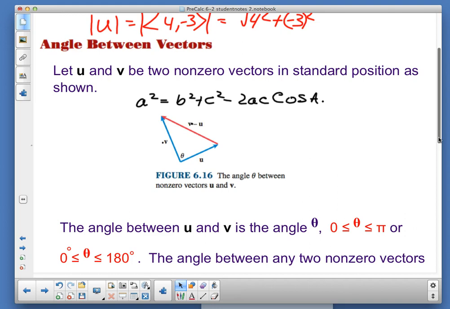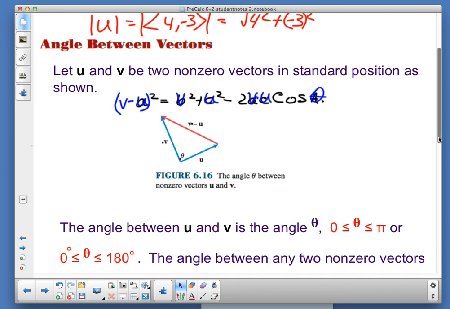Well, if I look at this next problem, this being theta, this red being v minus u, this being v, this being u, so I've got dot product going on there. If I consider that, because really I'm talking about the length of v minus u.